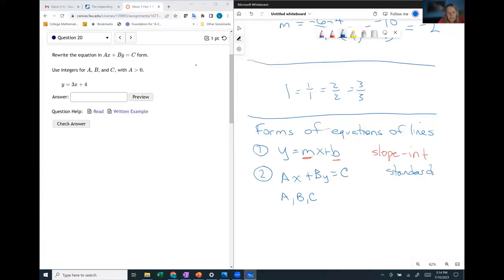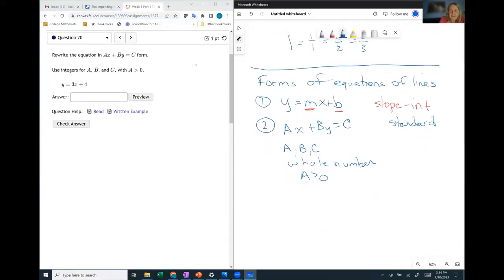So integers means whole numbers. You can't have fractions. And also, a has got to be positive. That's very important. And we'll do it. I'll show you.